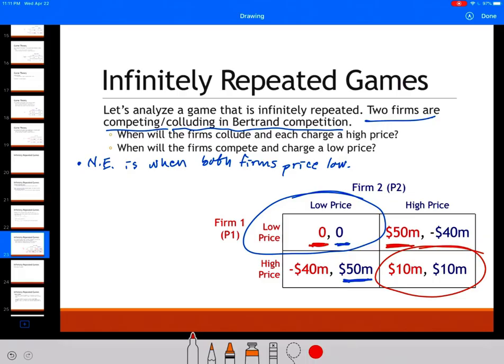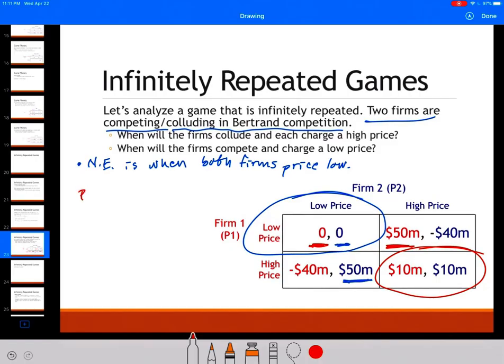If that present value is ever higher than them cheating and then going to Bertrand competition, then maybe we can sustain this monopoly collusive outcome. So what we have to figure out is whether the present value of colluding is greater than the present value of competing.